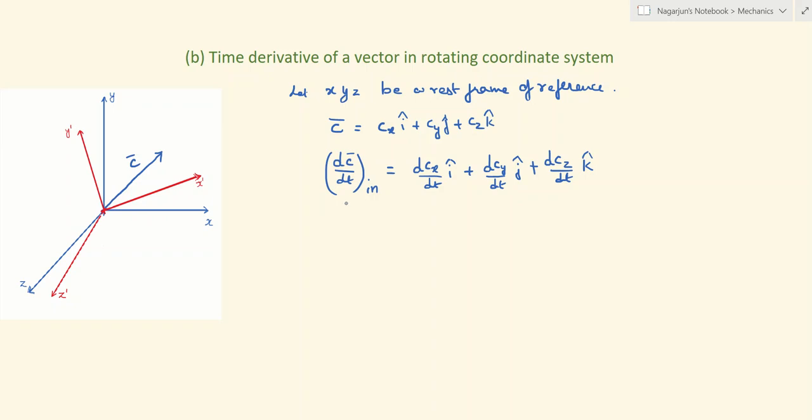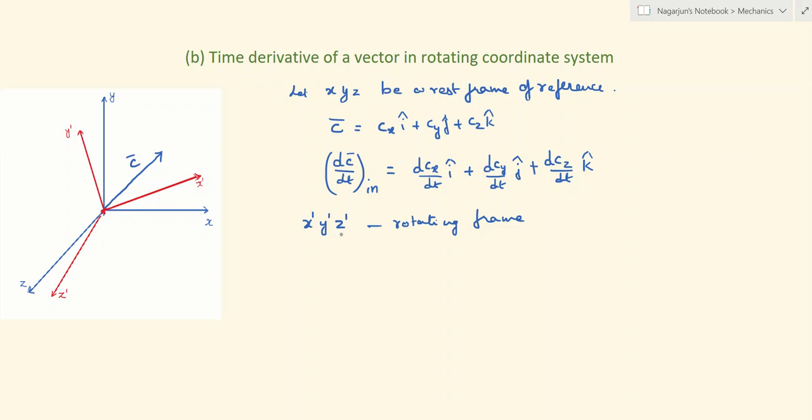Now, let us consider a rotating frame of reference x dash, y dash, z dash. A rotating frame of reference is always a non-inertial frame of reference.